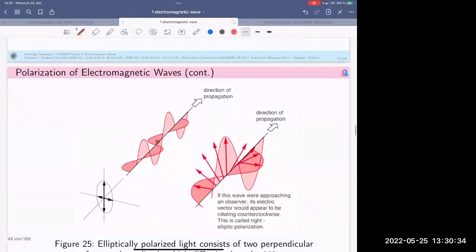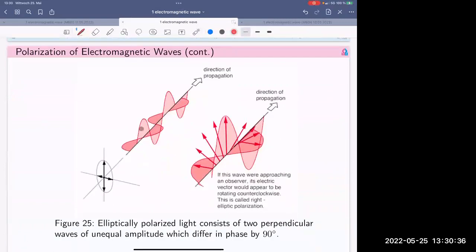Now let's move to the next case. If we have also two components of the E field, one on the horizontal plane and another on the vertical plane, but the amplitude of the E field in the vertical plane is greater than the magnitude on the horizontal plane, the E field will of course rotate, but in a different way.